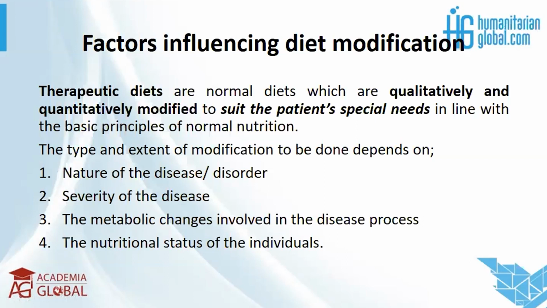And the other one is the metabolic changes involved in the disease process. When there is an illness, the way the body functions changes from the normal body function, so the body now does not function normally. So you have to think, what changes does this condition make to the body so that it does not function the way it is? I'll just use the same example that I used for diabetes.